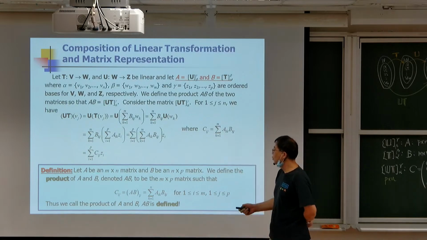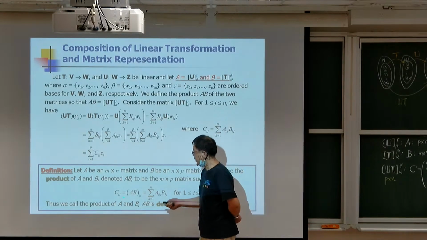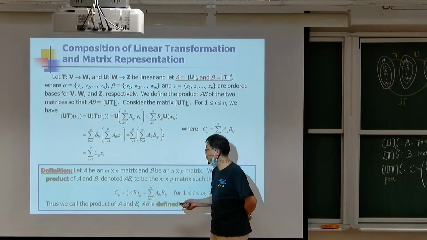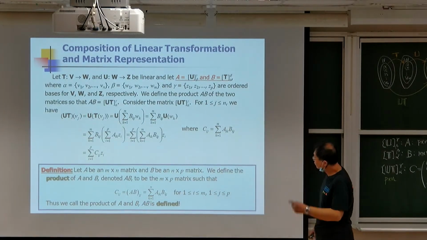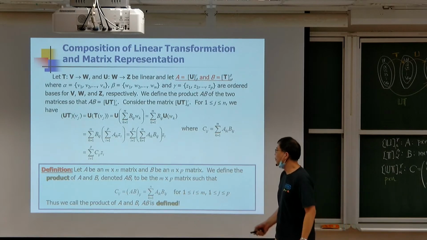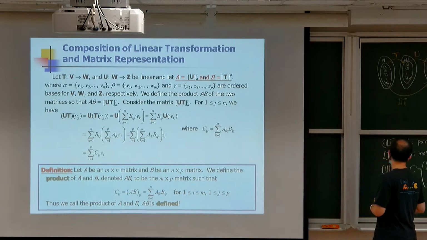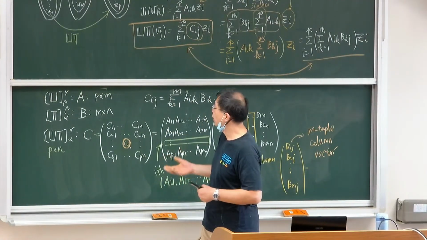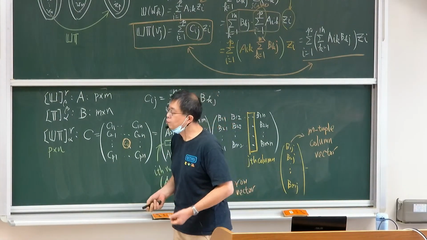Okay, so we say that the product AB is defined. So by using this way, we can find the product of two matrices.